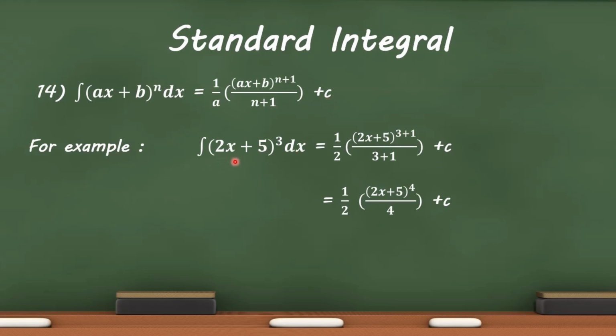For example, if (2x plus 5) power 3 is given, integration of (2x plus 5) power 3 dx equals, since the value of a is 2 here, 1 upon 2, then (2x plus 5) power 3 plus 1 upon 3 plus 1, or you can say 1 upon 2 into (2x plus 5) power 4 upon 4. Further simplified, 2 into 4 is 8, so 1 upon 8, (2x plus 5) power 4, plus constant of integration c.